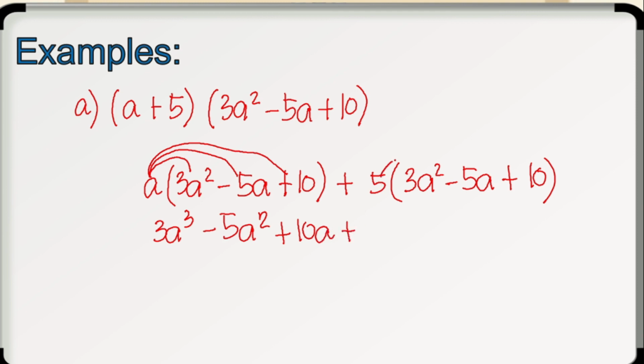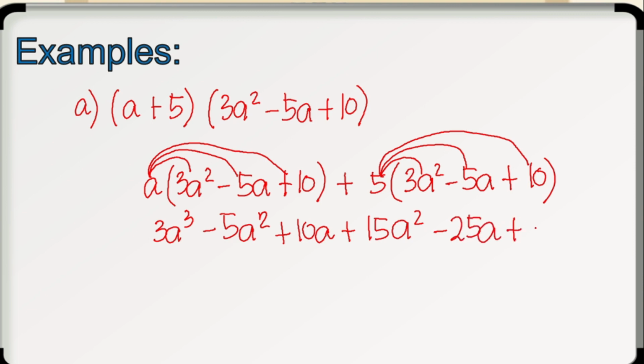And 5 will also be multiplied to each term of the second polynomial, which is 5 times 3a squared, which is 15a squared, 5 times negative 5a, which is negative 25a. 5 times positive 10 is positive 50.